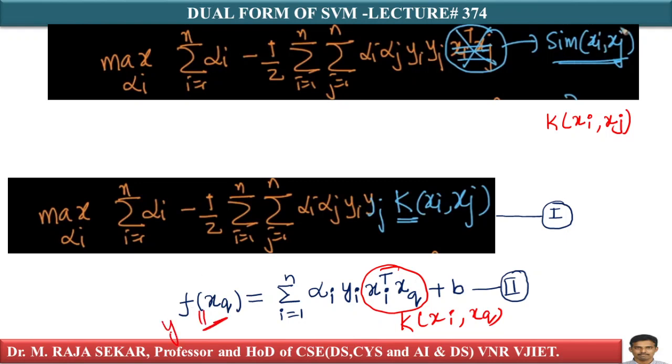Even when you are computing f of xq, that is nothing but yq, isn't it? When you are computing f of xq, xi transpose xq is only the dot product, isn't it? That's what we discussed. This can be thought of as k of xi comma xq. A kernel function intuitively tells about the similarity between xi and xj, that's what a kernel function is all about.